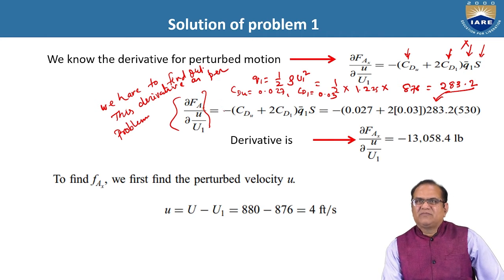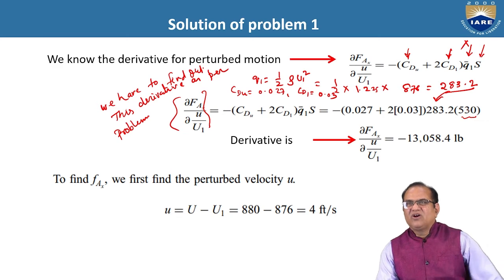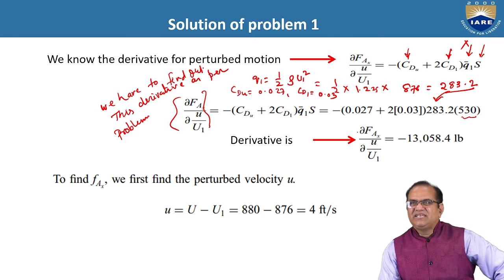It is very simple: minus CDu plus 2CD1 q1 S. So here minus 0.027 plus 2 into 0.03 into 283.2, and this area is 530. This is in FPS system. So the derivative ∂Fax/∂(u/u1) is equal to minus 13,058.4 pound. This we have got here.